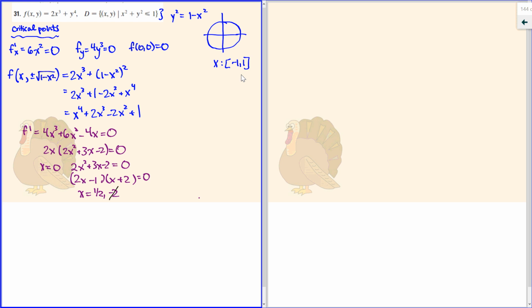But if x equals 0, that I can then solve for y.